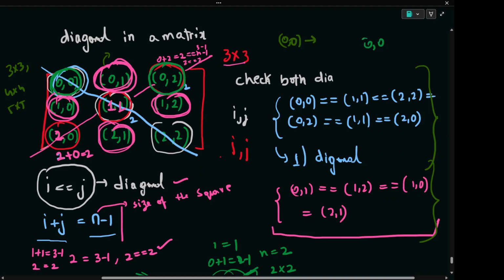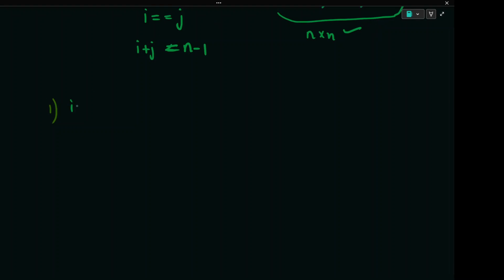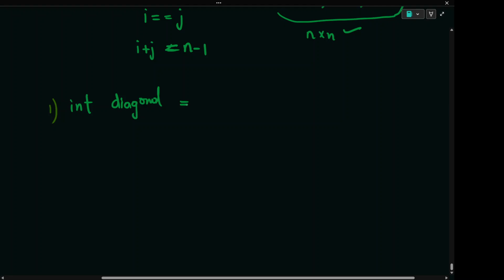And 0 comma 0 will be equivalent to 0 comma 2. So now I'll take some kind of integer called diagonal. Let's say diagonal is equal to grid of 0 comma 0.